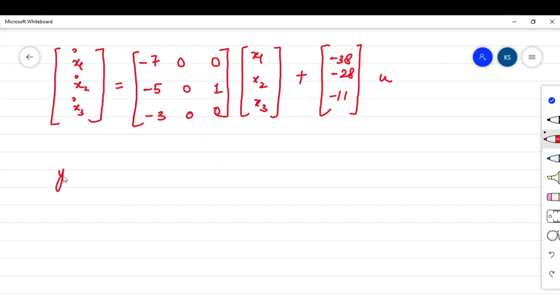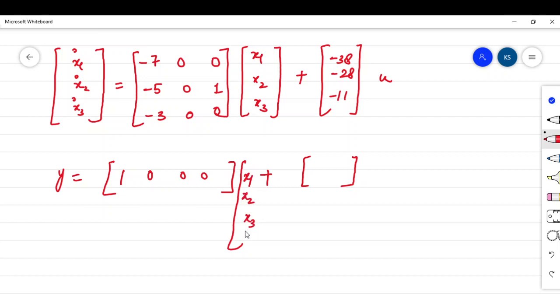And from the signal flow graph we can observe that y is equal to 6u plus x1. So we have to write it in the form of matrices.